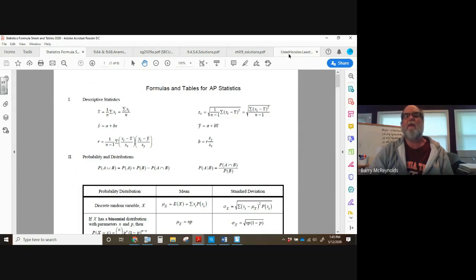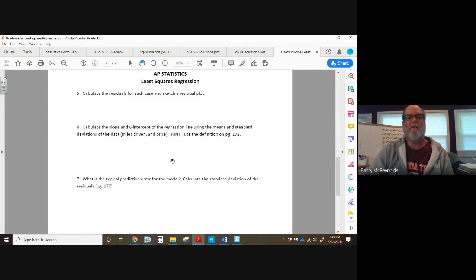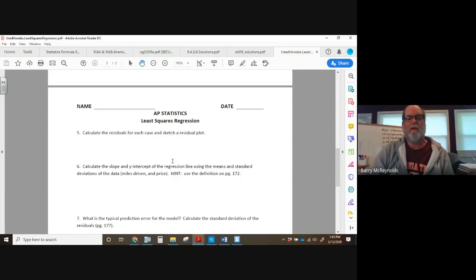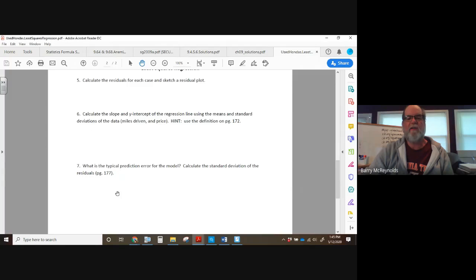So in the used Hondas exercise, you should be able to complete everything through question 6. Question 7, we'll talk about tomorrow. You'll not be able to calculate the standard deviation of the residuals using a 4-function calculator, so you won't be asked about it.